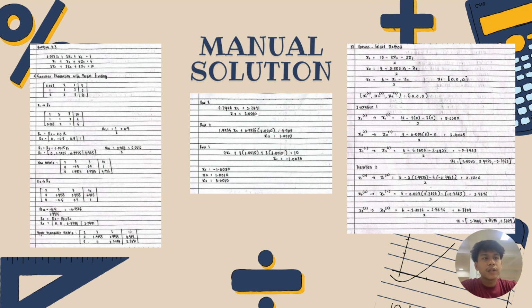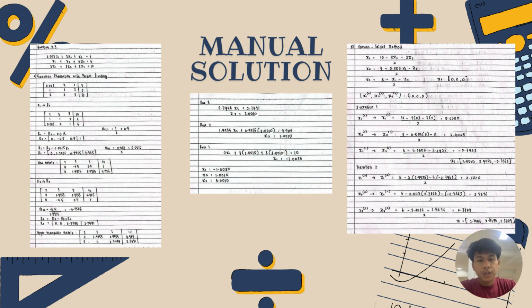Today we are solving a system of three linear equations using two different numerical methods: Gaussian elimination with partial pivoting and the Gauss-Seidel method. First, Gaussian elimination. To prevent large rounding error, we use partial pivoting by swapping the first row with the third row to put the largest coefficient, 2, on the main diagonal.